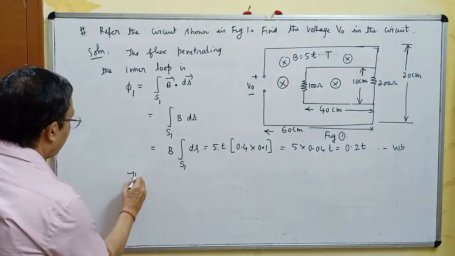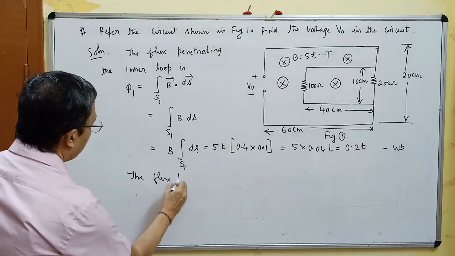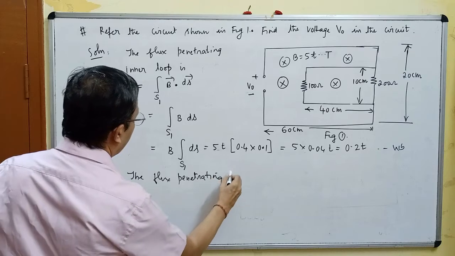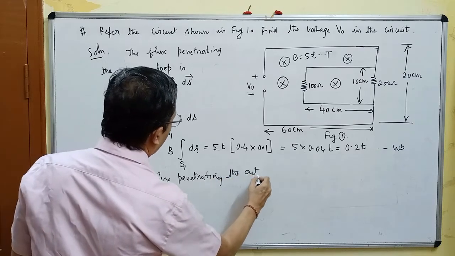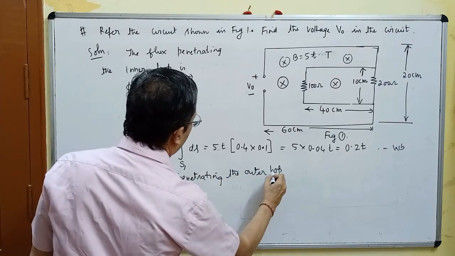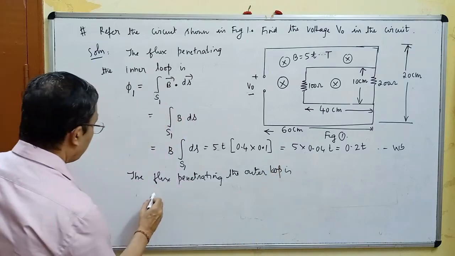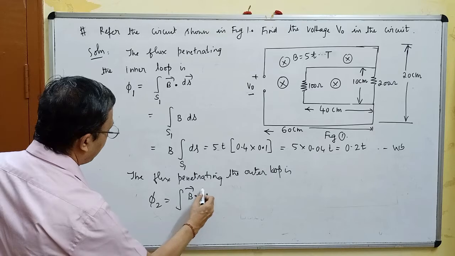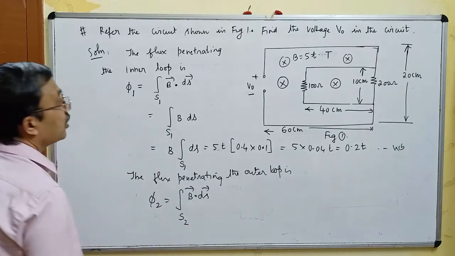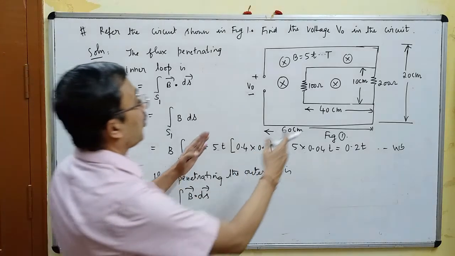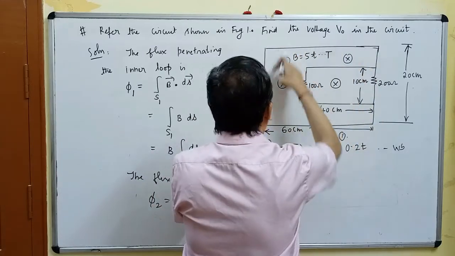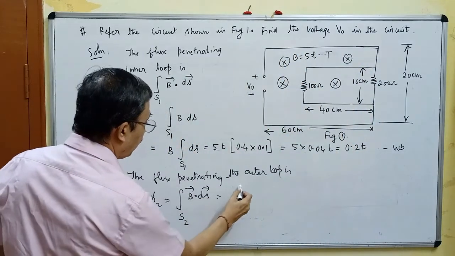The flux penetrating the outer loop is phi 2 is equal to surface integral B dot ds. The surface will be called now S2. Since vector B is perpendicular to the surface bounded by the outer rectangular loop, this dot product becomes simple product.